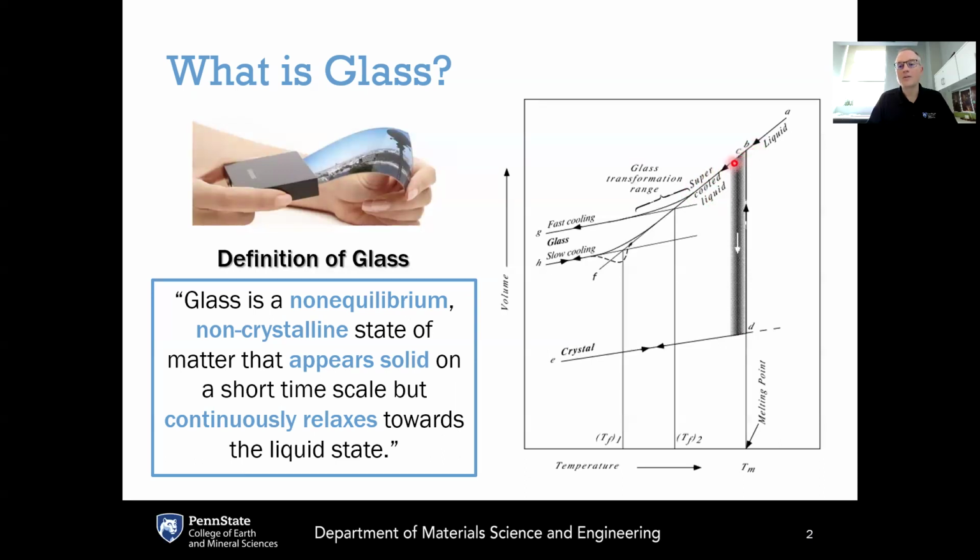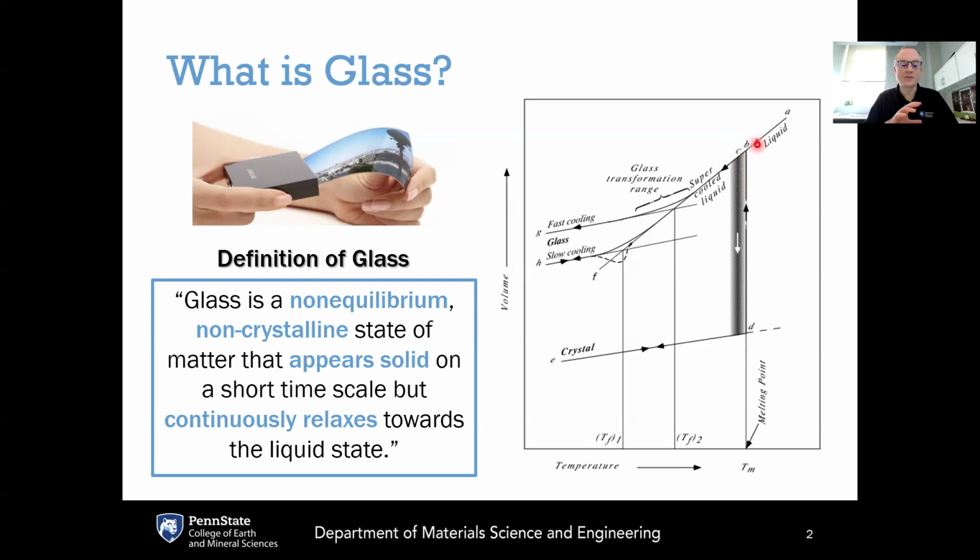In other words, this gray area here that is shaded just below the melting point is where crystallization is most likely to occur, because this is where you have both a thermodynamic driving force for crystallization, because the Gibbs free energy of the crystal is less than that of the liquid at this point, and the kinetics of the crystallization process are fast enough for you to actually observe it.